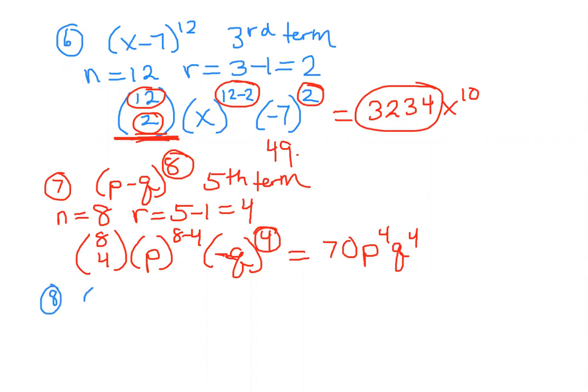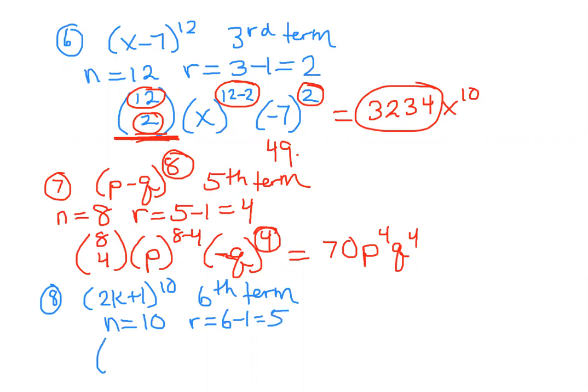We've got 2k plus 1 to the 10th, and we're looking for the 6th term. So n equals 10, r equals 6 minus 1, which is 5. So we have 10, 5, 2k to the 10 minus 5, and 1 to the 5th.